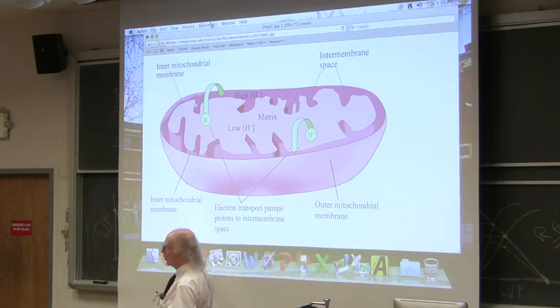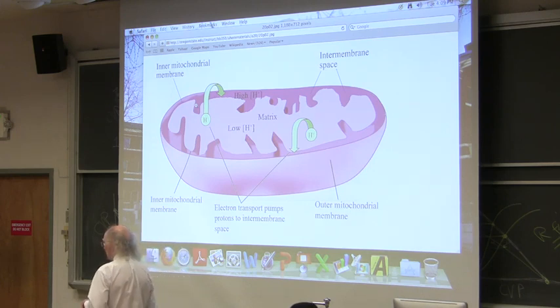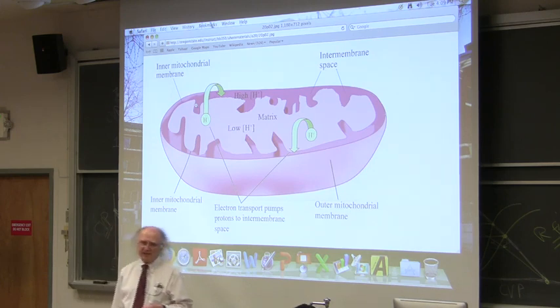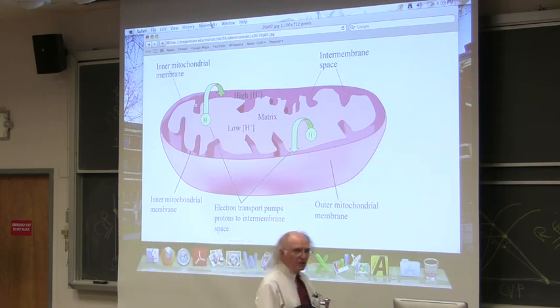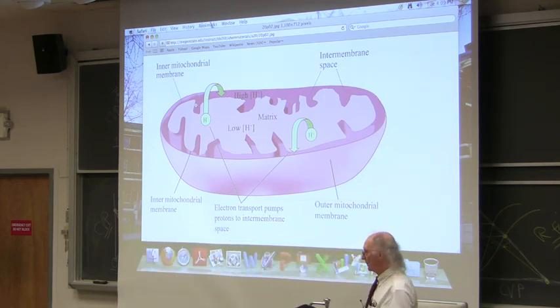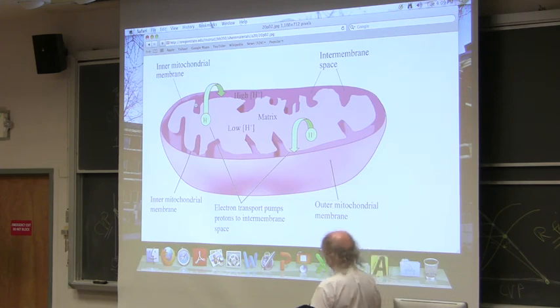Okay? We'll see that there are complexes that handle the electrons, and they're embedded in the membrane. At least 3 big complexes are. Okay? Actually 4. All right.